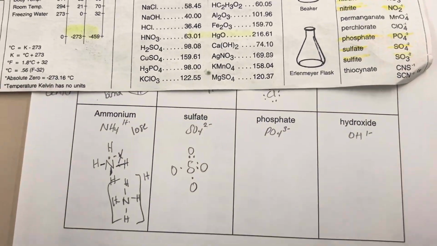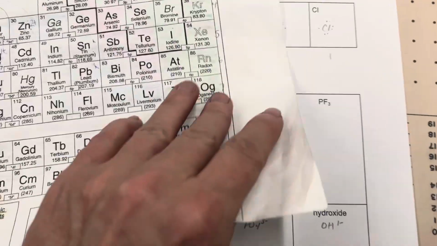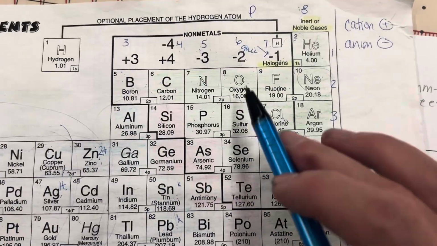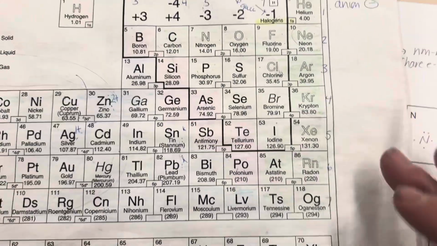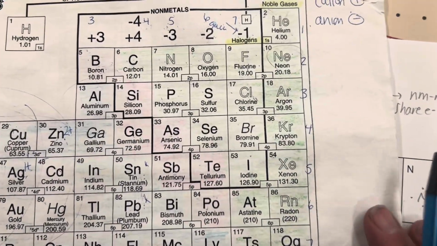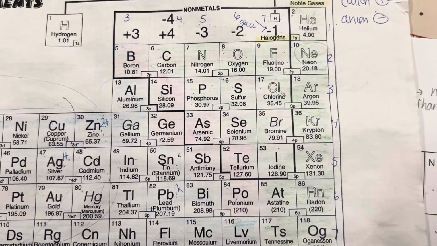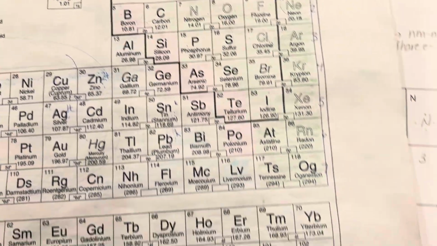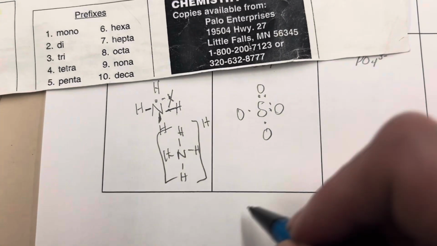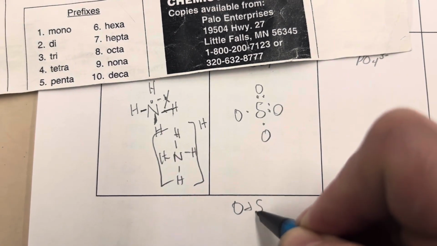Now the problem with oxygen, it is in group 6, so it has 6 valence electrons, but it is the 2nd highest electronegative element, which means it's not a good sharer, especially when it's on the outside. So because oxygen and sulfur are in the same family, this rule that I'm going to give you applies to both.